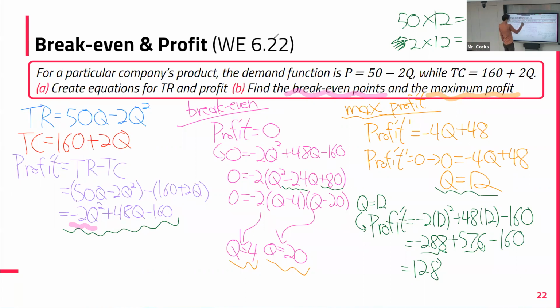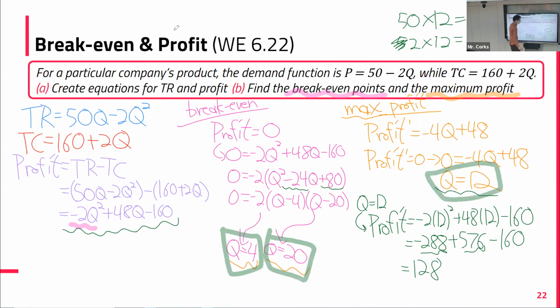Again, we can notice this is a nice, simple, symmetric function. So we had our break-even points, our zeros of 4 and 20. And then our profit here was 12, exactly halfway between these two things. Won't always happen, but can often happen.